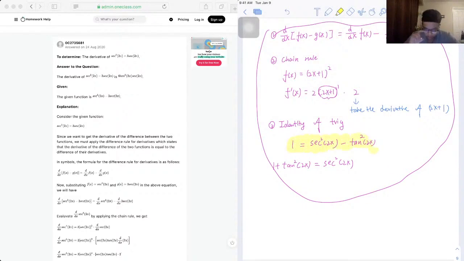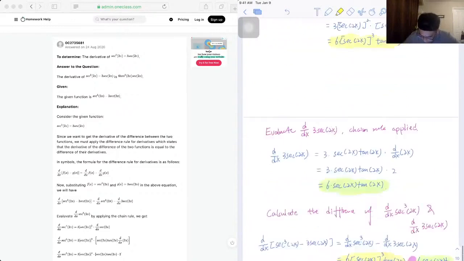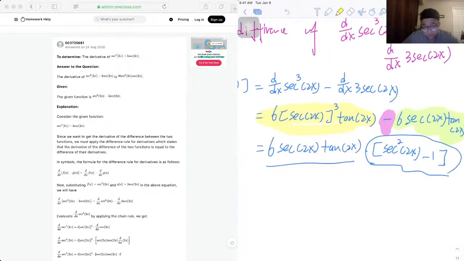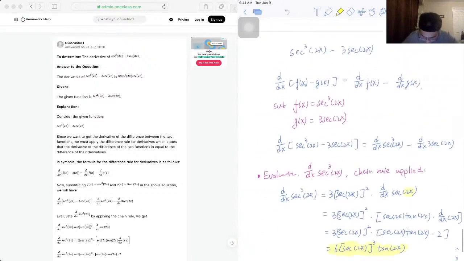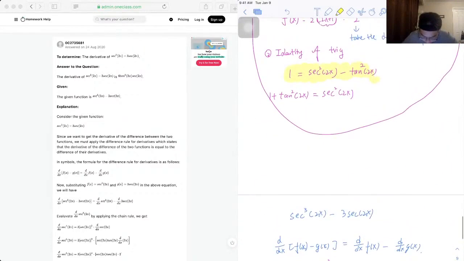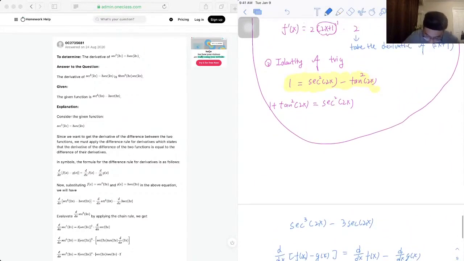So now we see we got a secant 2x squared minus 1. And here we can actually get tangent 2x squared is equal to secant 2x squared minus 1.